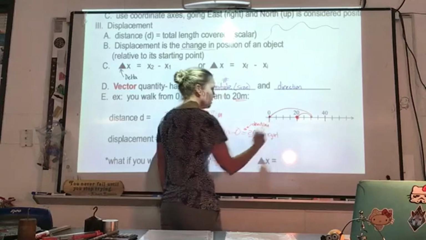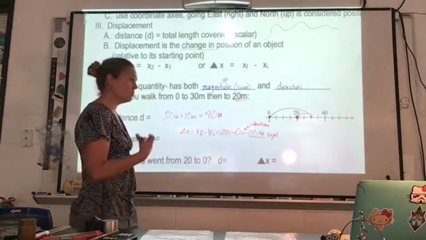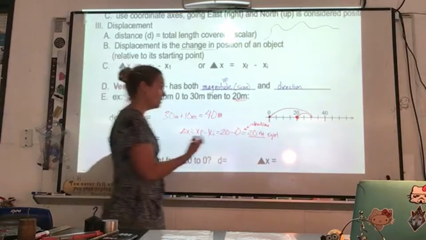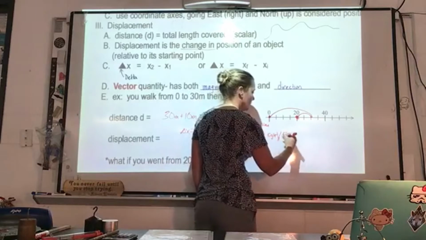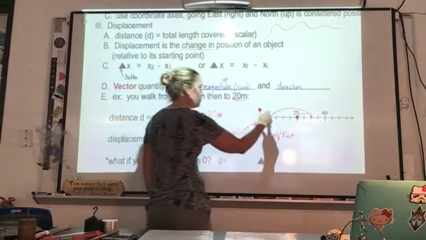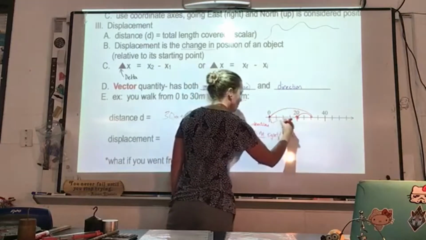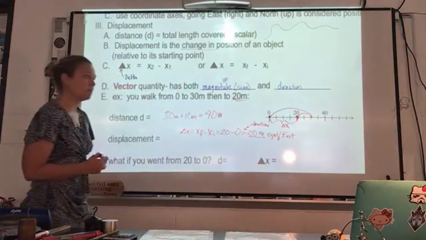The positive sign shows direction, right? Remember I said positive is either up or to the right. So I could do that, or you could have said east. In the end, we went from here to here. This delta is my delta x, right there.